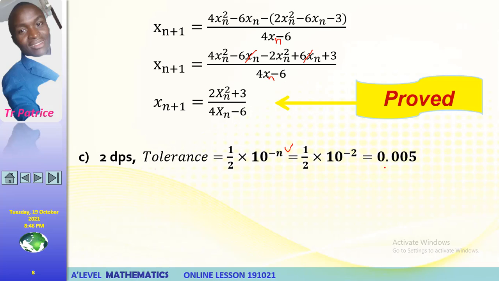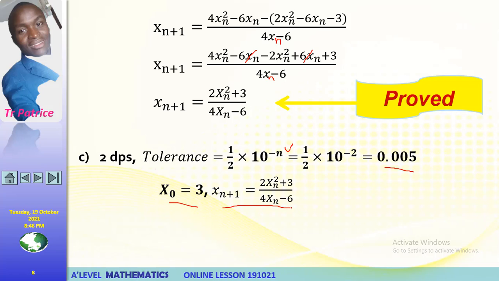Then if I get 0.005, our tolerance level is 0.005. Now we've already got our equation, and we are given x naught as 3, and we have the formula. It is our task to use what we have to get the root of the equation.